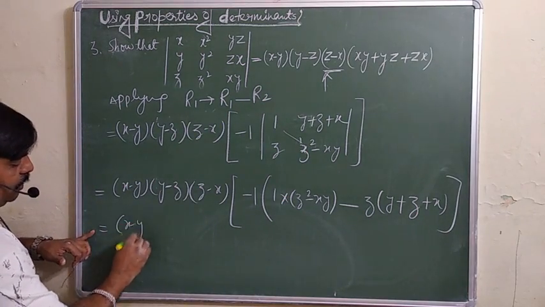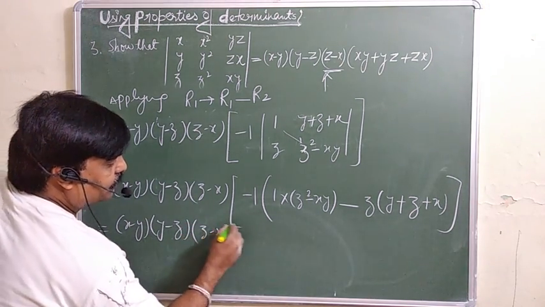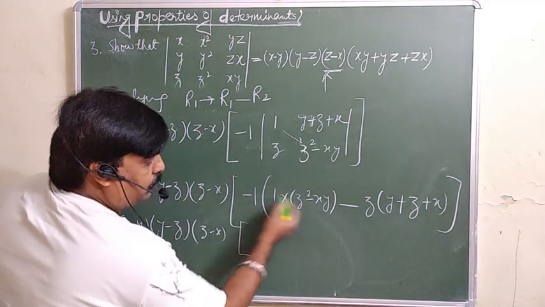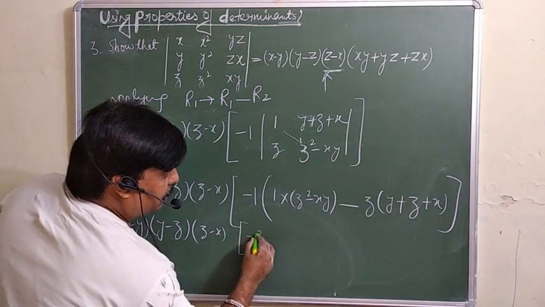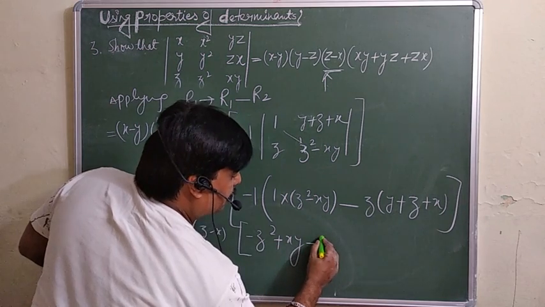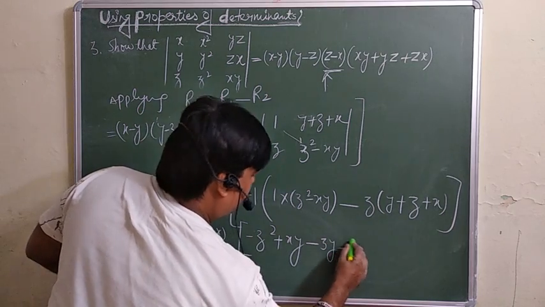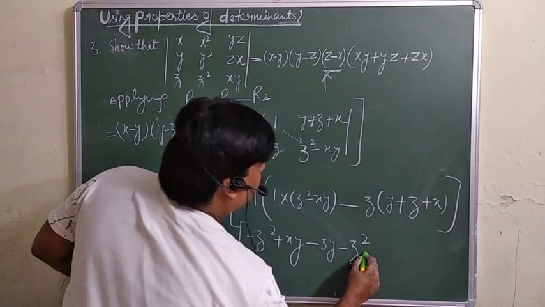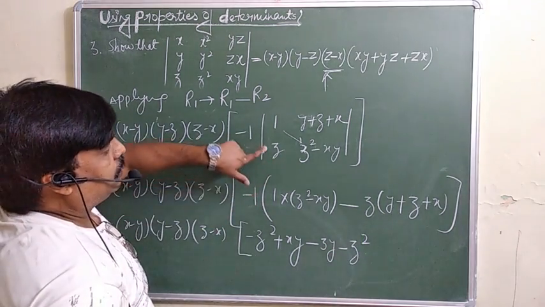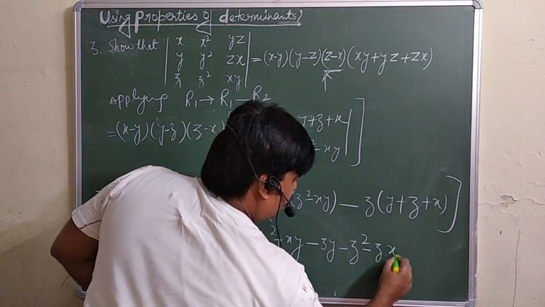This is x minus y, y minus z, z minus x, and here by this minus 1 we are multiplying, so here is minus z square plus xy. Here you will multiply minus zy minus z square, and minus zx here.